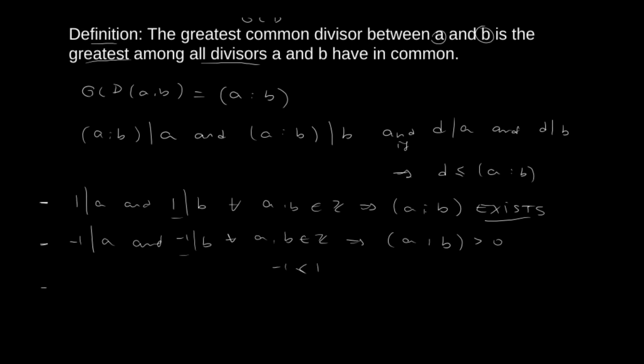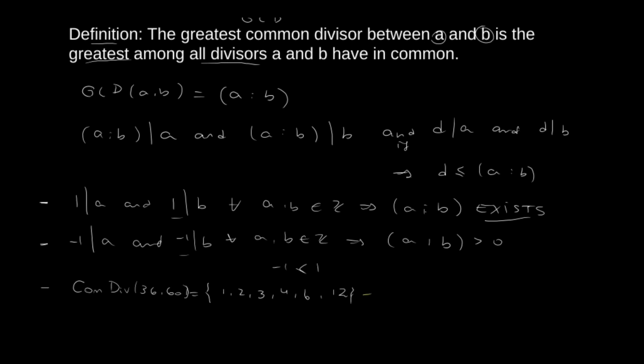Let's now think about another example. If we make a list with all the common divisors we have between 36 and 60, the list we get is 1, 2, 3, 4, 6, and finally 12.